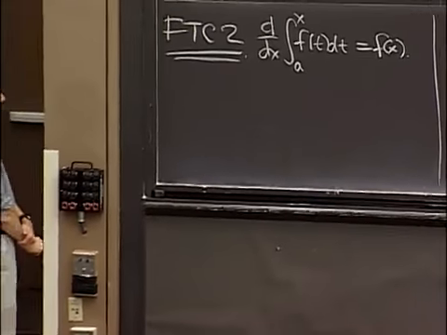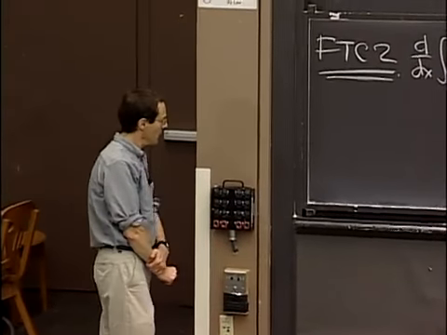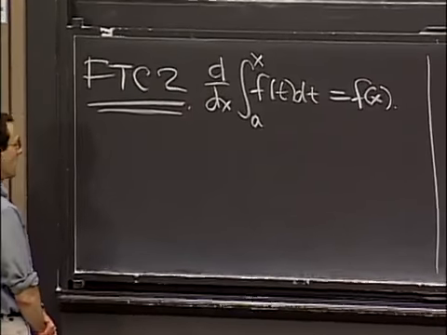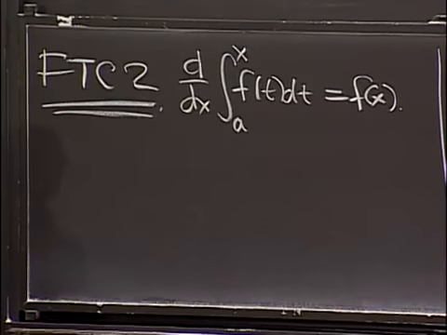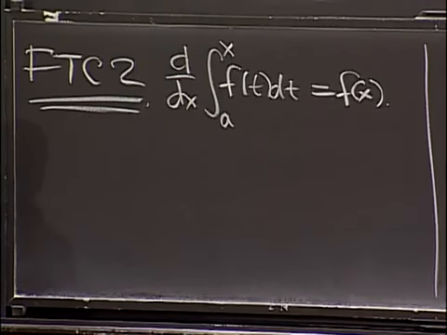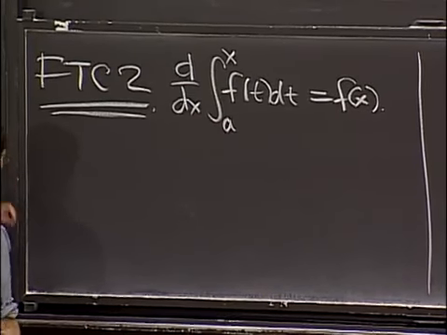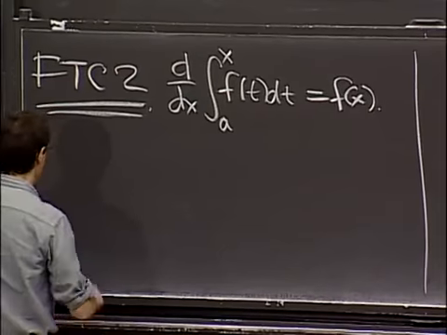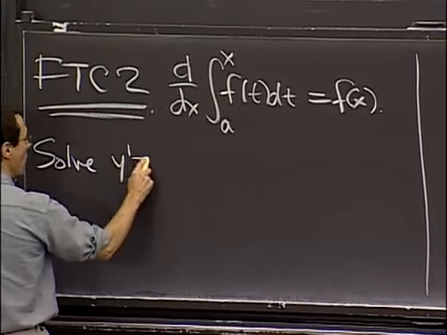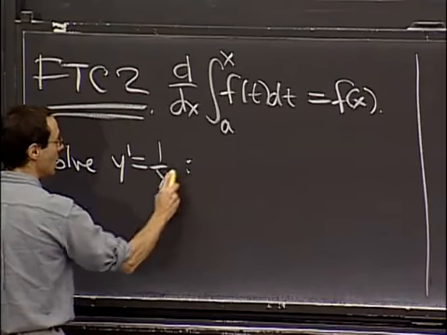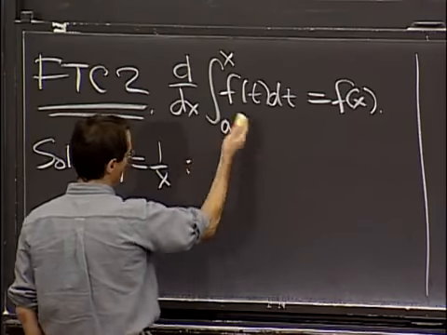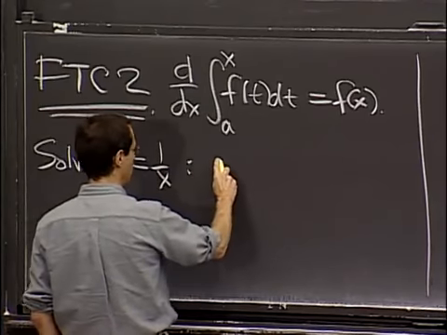And the way I'd like to use it today, I started this discussion last time, but we didn't get into it. And this is something that's on your problem set, along with several other examples, is that we can use this to solve differential equations. And in particular, for example, we can solve the equation y prime is equal to 1 over x with this formula, namely using an integral.